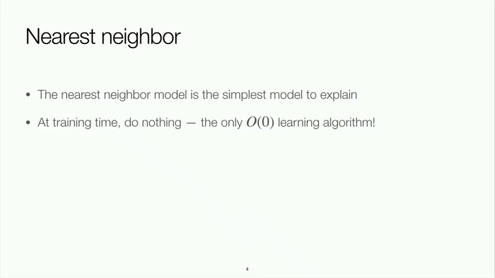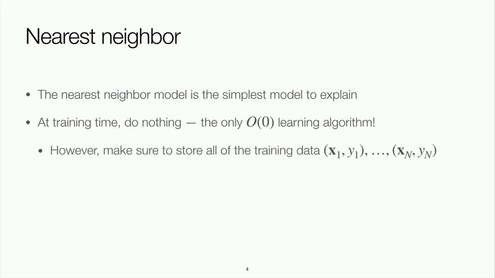So nearest neighbor does nothing at training time. Literally nothing. It's the only O(0) learning algorithm. If you're not familiar with this big O notation about asymptotic analysis of algorithms, don't worry about it too much. All this is saying is that it's the only learning algorithm we can imagine that specifies basically no training procedure whatsoever. The only thing you have to do is store all of your training data.